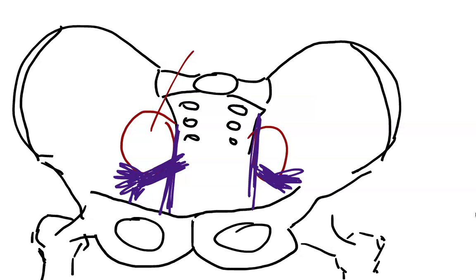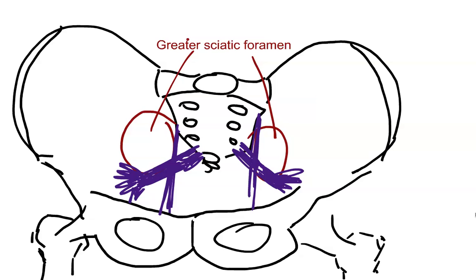Greater sciatic foramen. Now this leads to the gluteal region at the back of the leg and carries all the vessels to this area, plus some of the internal pudendal vessels. It also carries the pudendal nerve, as well as the inferior and superior gluteal nerves.